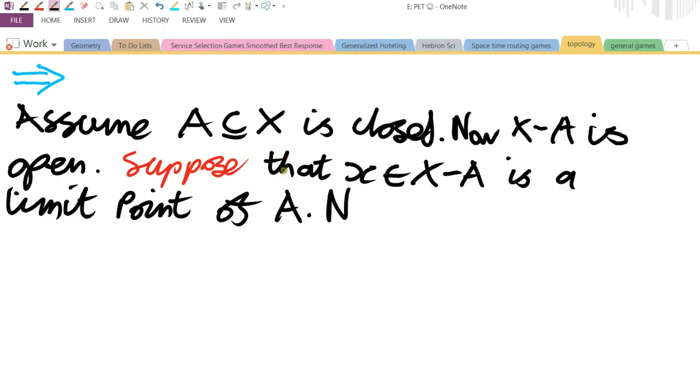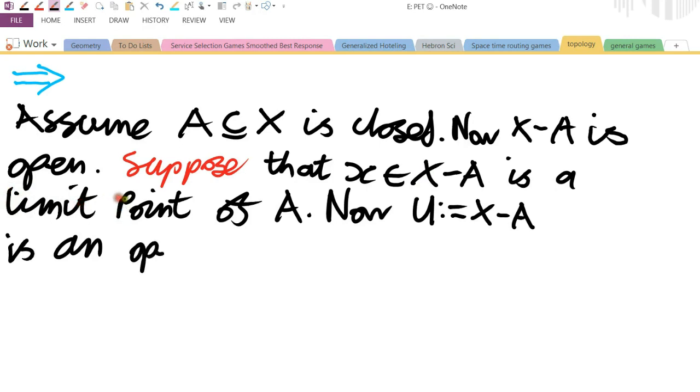Now we get our contradiction, because if we define U to be equal to X take away A, the complement of A, well, we know that U is an open set containing x.